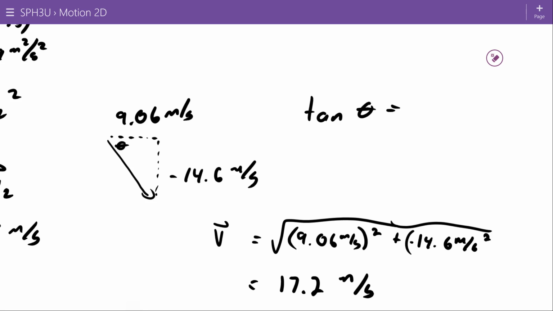Careful here. If this is my angle, this is my opposite, and this is my adjacent. So remember, tan theta is opposite over adjacent, which means I have 14.6 divided by 9.06. And because I'm going to interpret the sign later, I don't want to put signs into this equation.